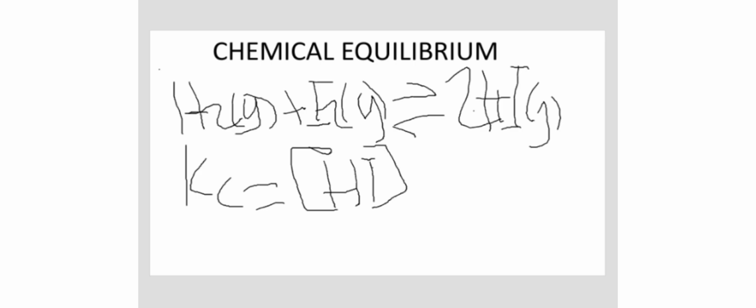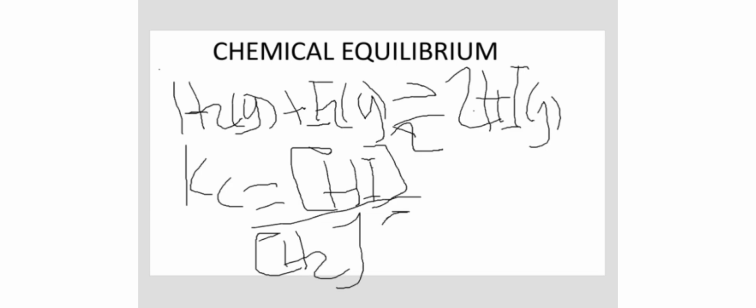So we raise it to the power 2 over the reactants. We start with H2, which has no coefficient, so we put H2 to the power 1, times I2, which is also to the power 1. So this is the equilibrium expression. Products on the top, reactants at the bottom, powers come from coefficients.